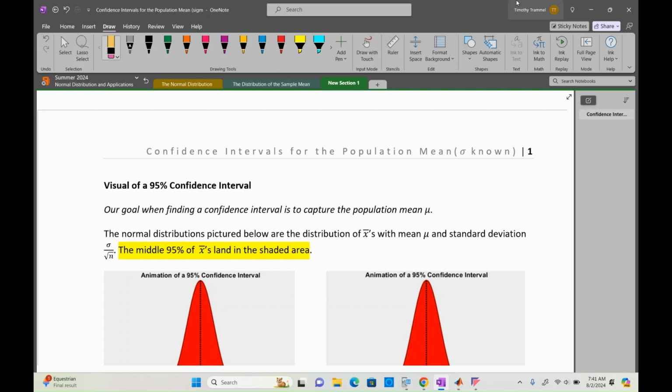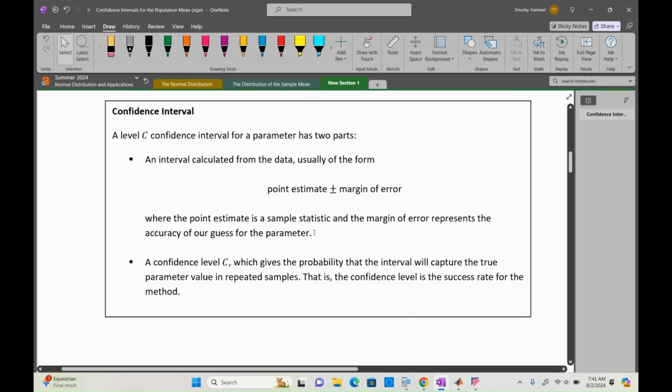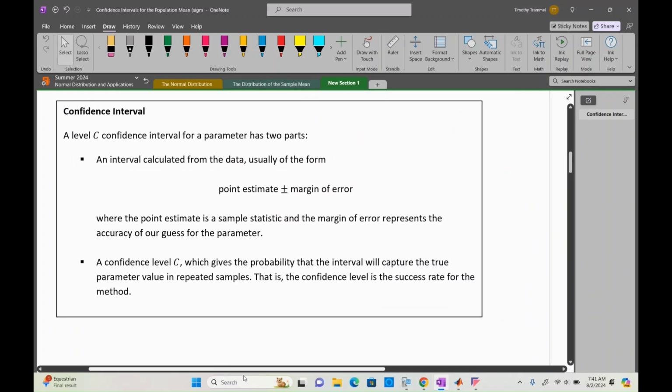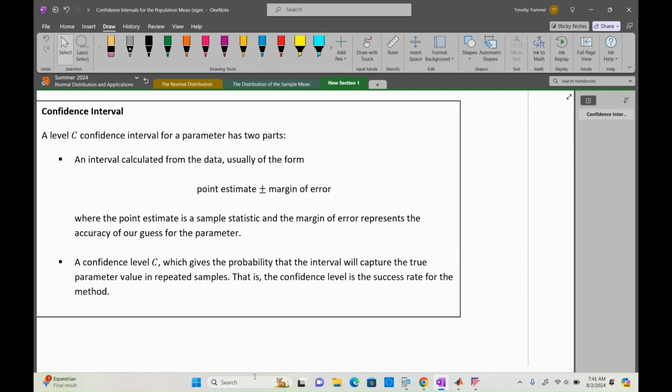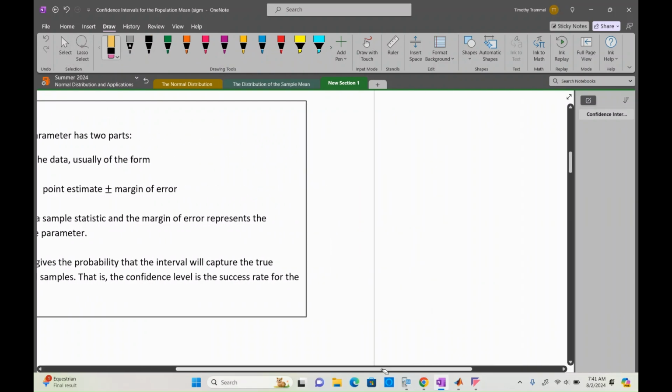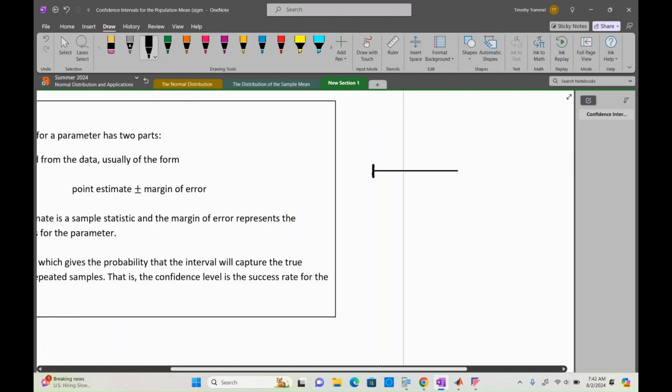Maybe let's come down here and make a little visual of it, right next to where I have some information about confidence intervals. So I'm going to sketch one. Your confidence intervals are really just number lines, or a section of a number line, maybe we should say.